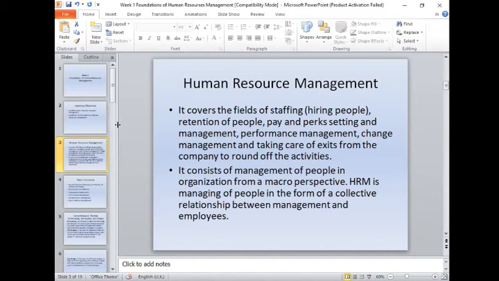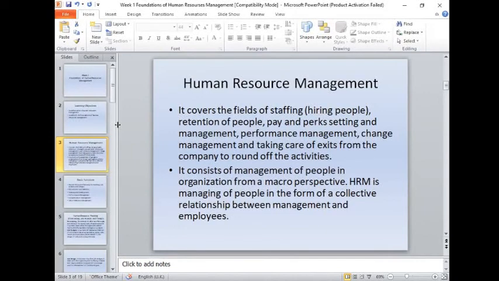Human resource management is composed of management of people. When you say management, it talks about handling the manpower, handling their skills and competencies needed in the organization, which we have to value and nurture in order to retain those performers or productive people.